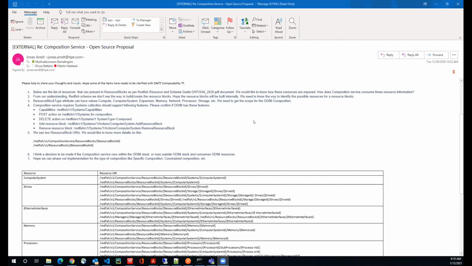Jonas, remind me what we agreed to in terms of building the composition. Are we building it against the new APIs that are being developed so we can be ahead of the game, or did we say we were going to build it based on legacy? What we agreed on is that it cannot be RSD. It has to comply with a composition service that is out of Redfish.